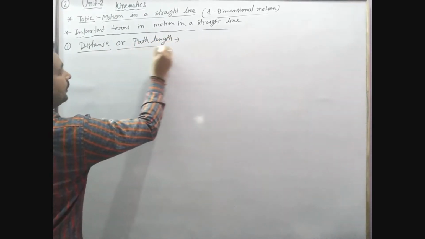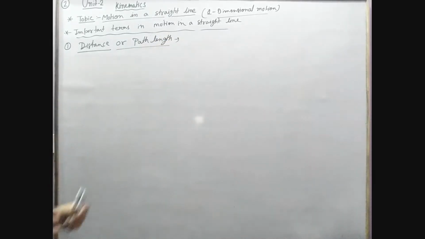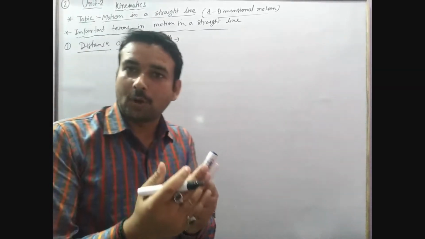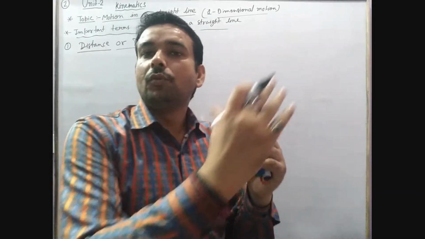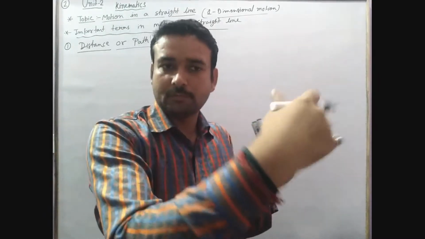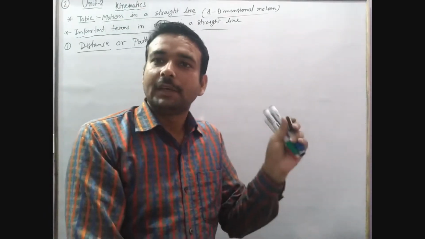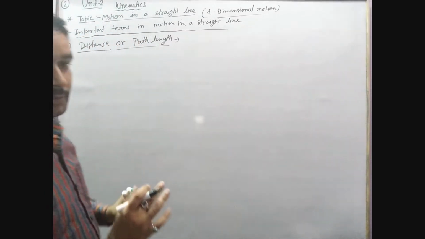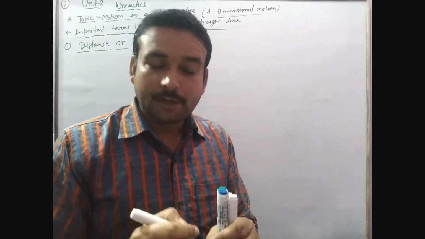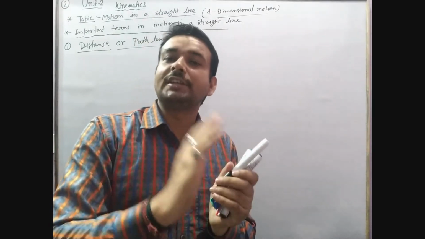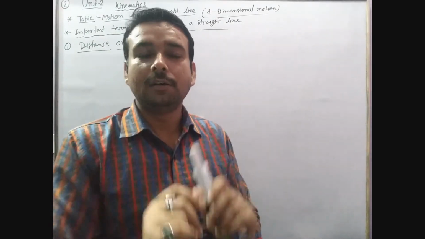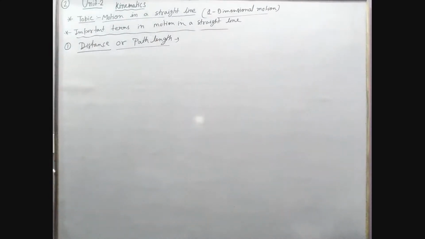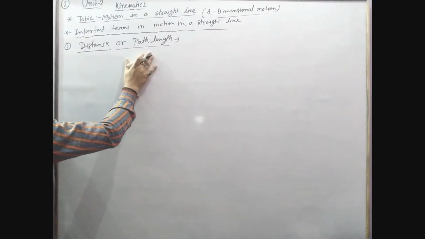First is distance, the distance covered by an object between two or different positions in a given interval of time. And the word path length indicates the total distance covered in the interval of time.